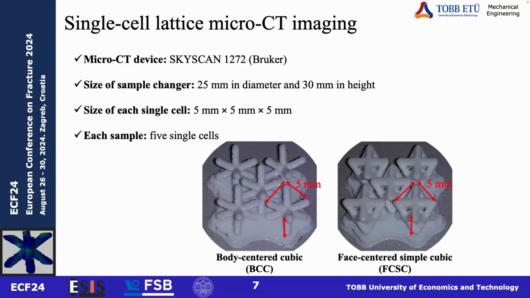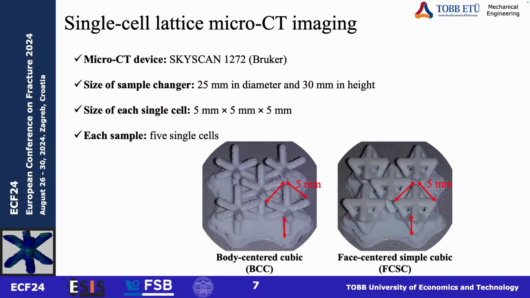After 3D printing our samples, we did micro-CT imaging, and the machine used is SkyScan 1272 from Bruker company. The sample holder dimension was 25 millimeter in diameter and 30 millimeter in height.